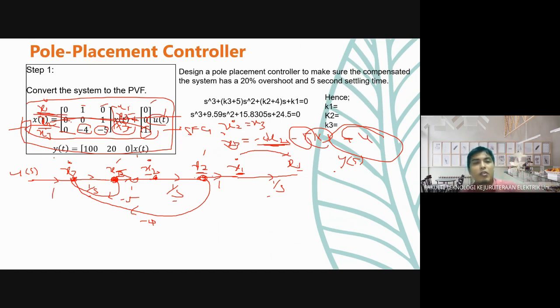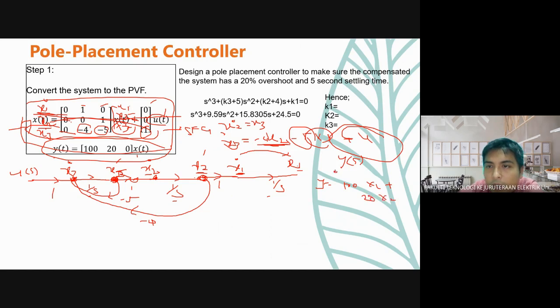So this is your original system signal flow graph. But we have not completed the output equation yet. For the output equation, you can obtain that y equals 100 x1 plus 20 x2.